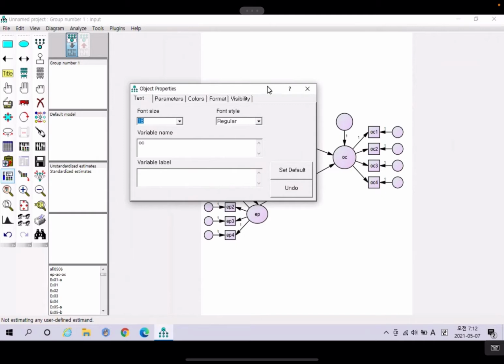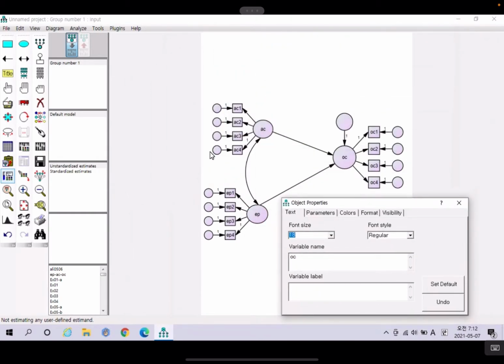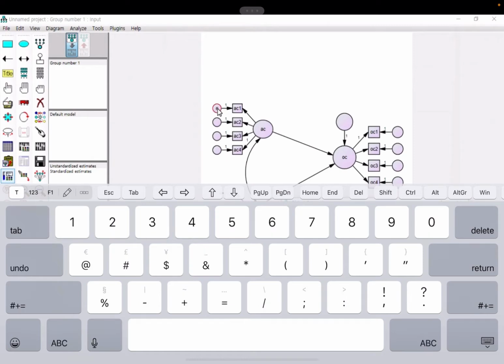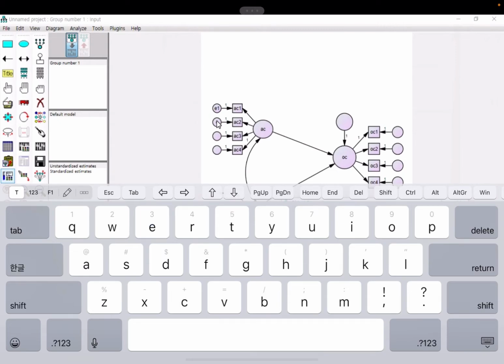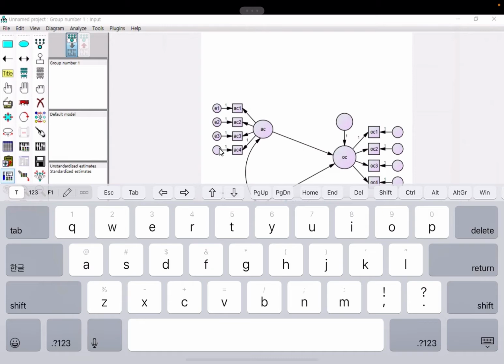And also I'm going to name this one as E1 and this one as E2 and this one as E3, right? And this one as E4, right?